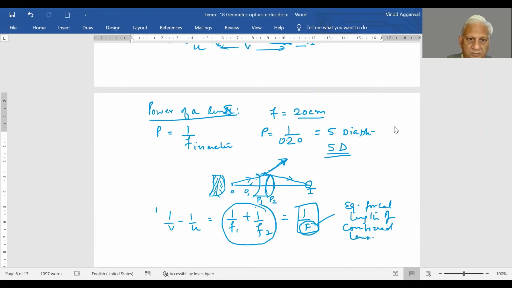So this is the formula for finding the focal length of a combination of lenses.